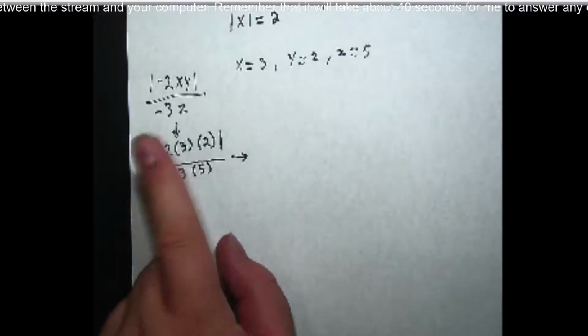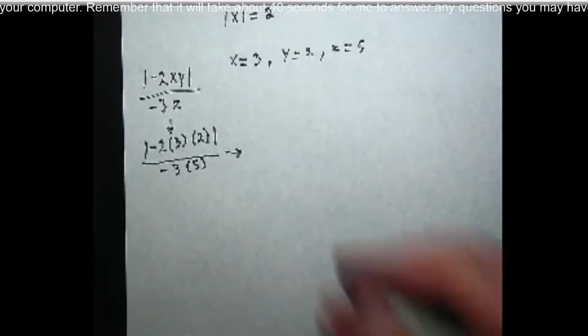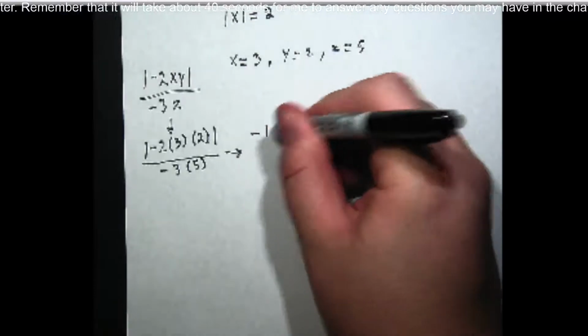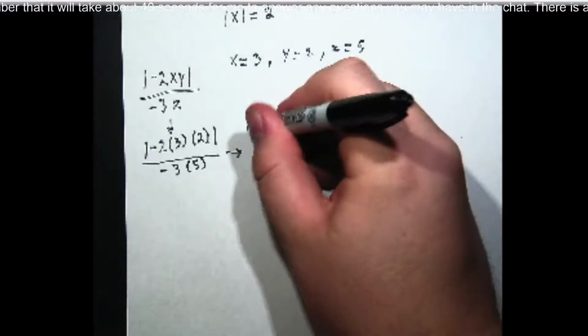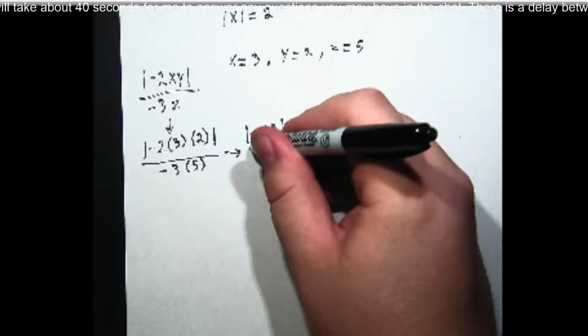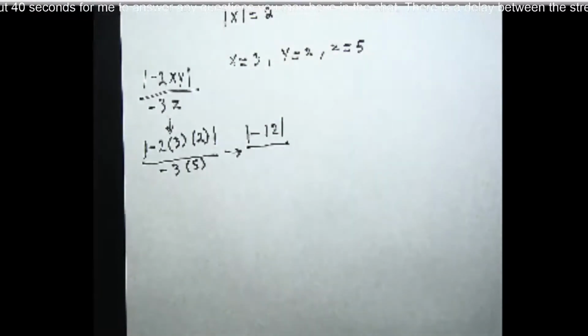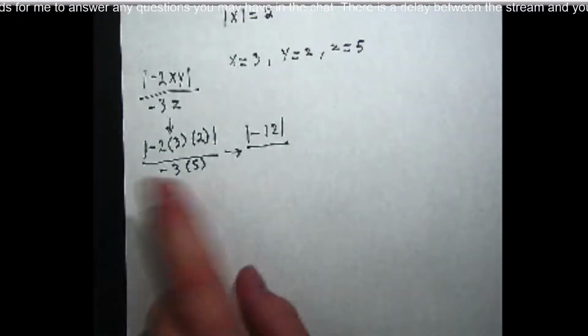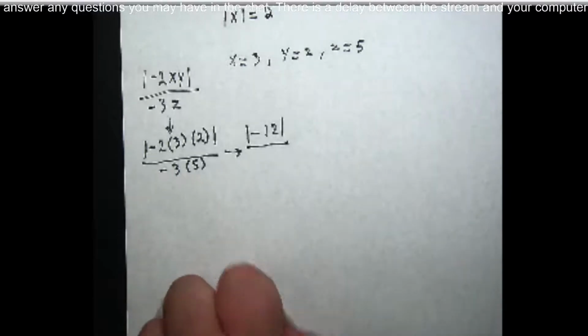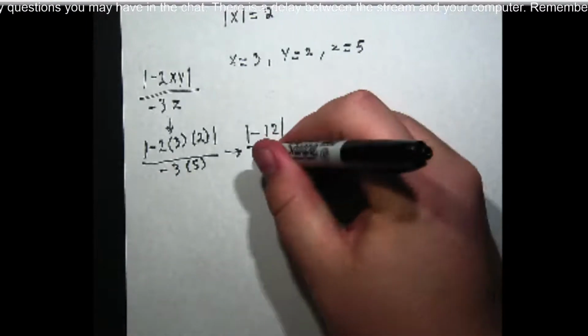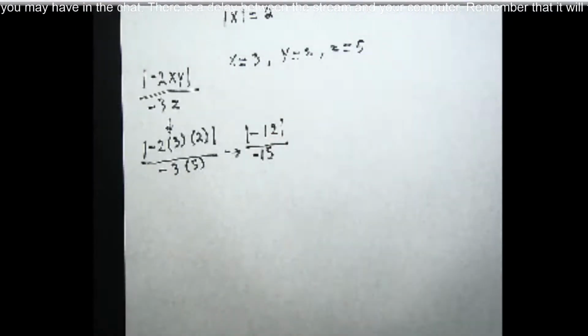Okay? So what is negative 2 times 3 times 2? Negative 12. Good. And it's still in that absolute value. And just because technically we can do it right now, what's negative 3 times 5? Yeah. Good. Thank you.